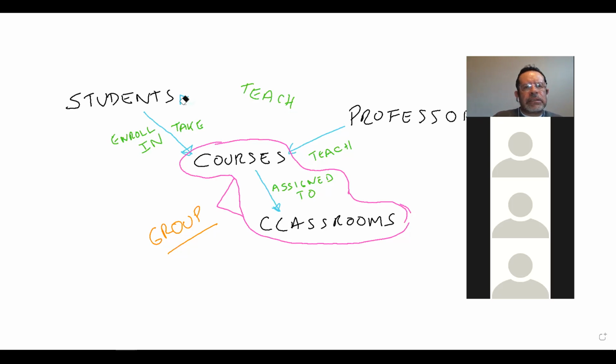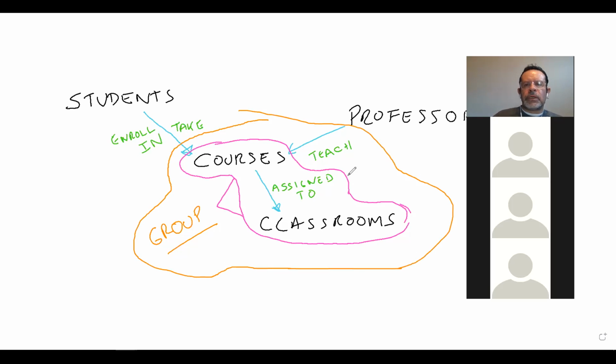I don't need this relationship. Students take courses and professors teach courses. Students and professors are going to be related through this middle entity, which is the course in the group. So I don't necessarily need to say that professors teach students. I can say that professors teach courses and students are enrolled in the courses. And that way, these are related.